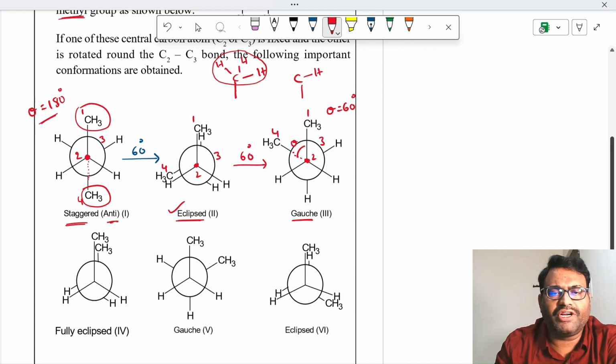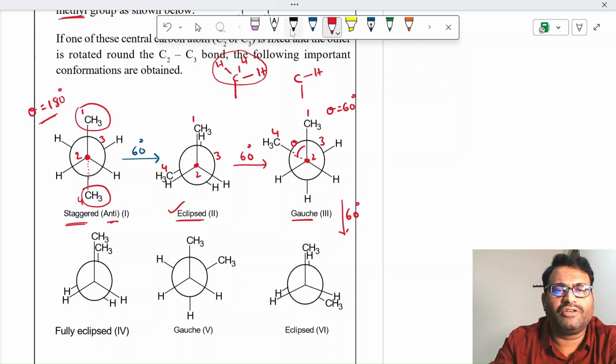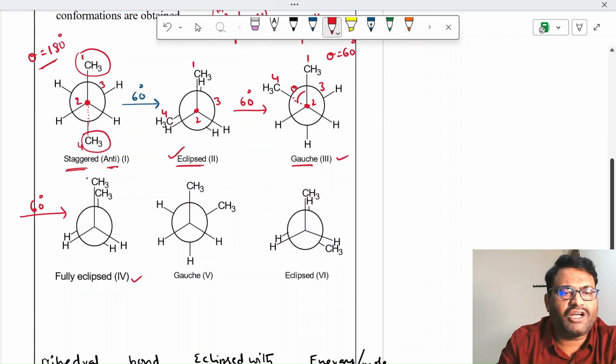Again, if you rotate it through 60 degrees, let us see the next one. This is the first carbon, this is the second carbon, the third one, and this is the fourth one.